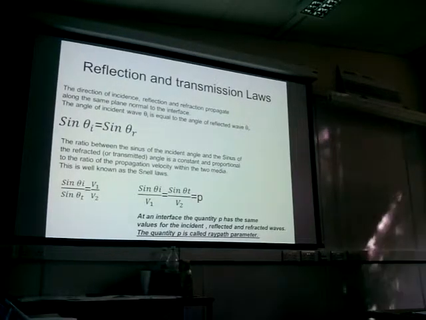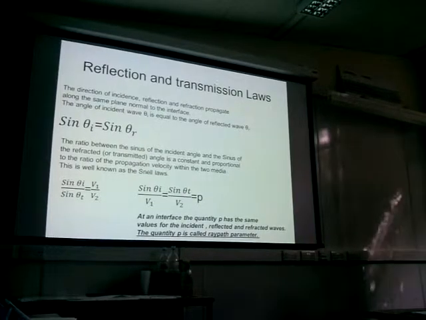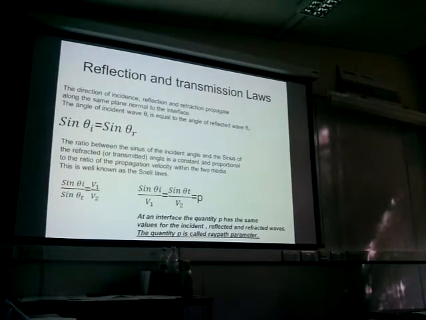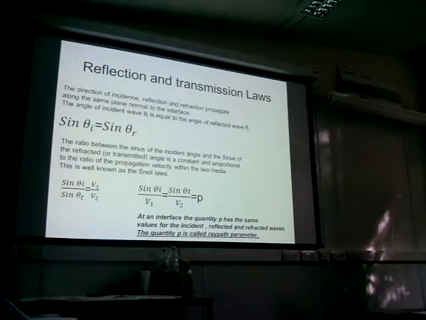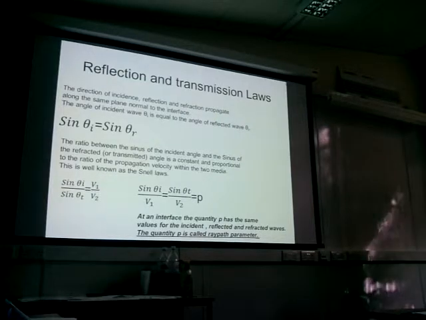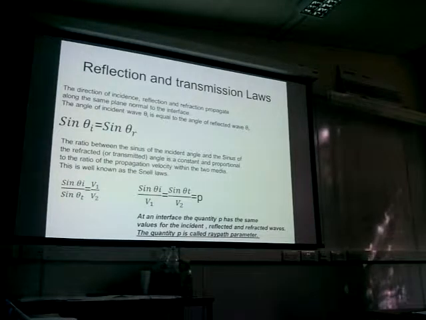We know that the directions of incidence, reflection, and refraction propagate along the same plane, normal to the interface. So we can describe the problem in a planar view. On our piece of paper, we have the interface, the incident angle, and the reflected and transmitted rays. They can stay on the plane of the page. We know that the sine of the incident angle is equal to the sine of the reflected angle.